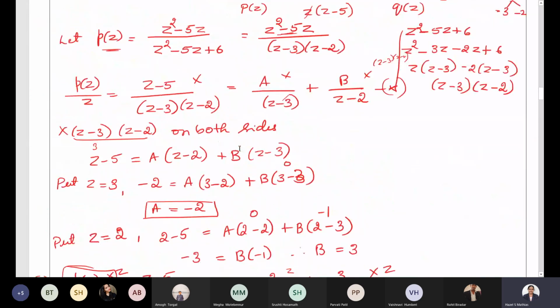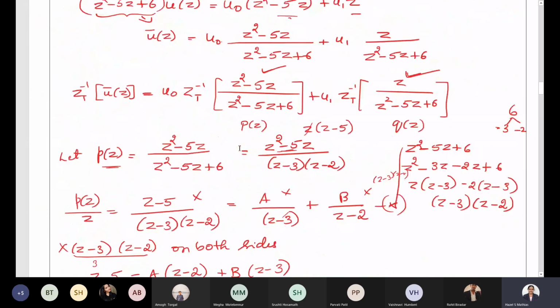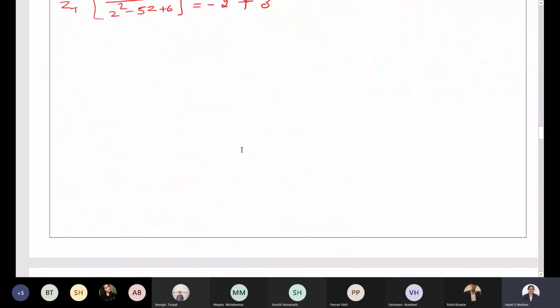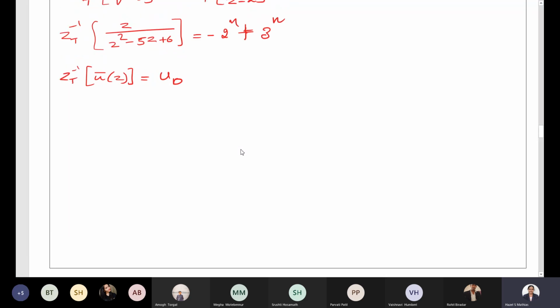Let's substitute over here. Where? Here in this main example. In this main, we'll put it as double star. We have found this term. We have found this term. So write the final expression. What is the inverse z transform of U bar of z? That is nothing but u0 into the inverse z transform of P of z.